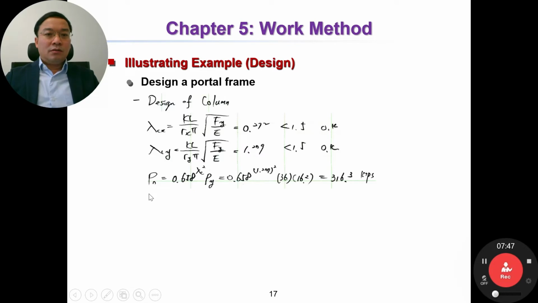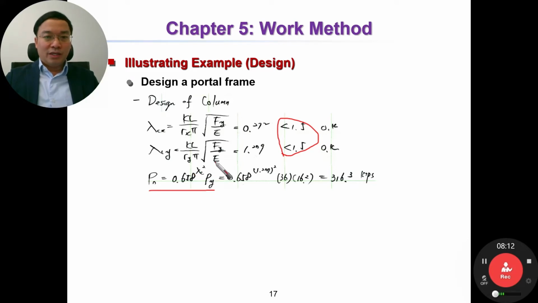And because of plastic design, this equation is used. For plastic design, we use this equation to calculate Pn equal to 0.658 to the power lambda c squared times Py.